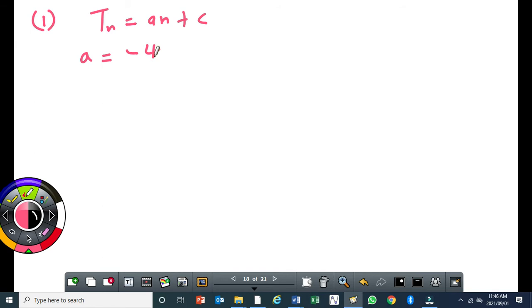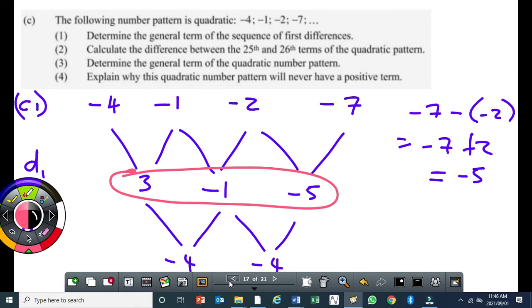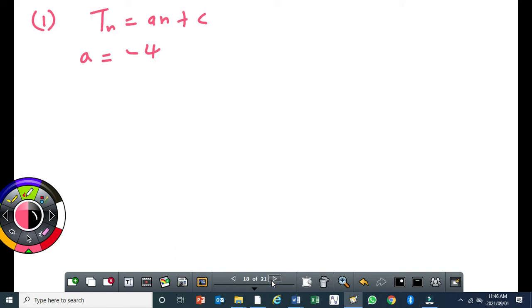Okay, don't confuse the two. So let me choose a term here. I'm going to use -5, which is T3 for the linear pattern. So where there is Tn, I'm going to put -5. Where there is A, I'll put -4. Where there is n, I'll put 3 so that I can calculate the constant. Are you following that?